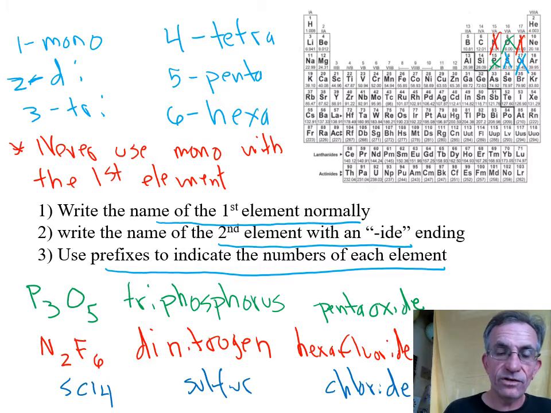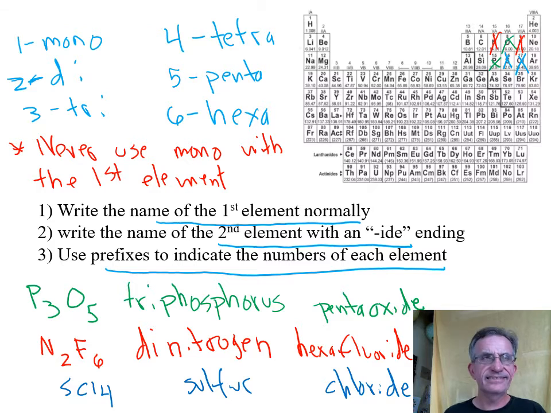So when you look at this example, SCl4, you're thinking, well, wait a minute, there's only one S, there's only one sulfur, so is it monosulfur? No. You never start a name with mono, so it's not going to be monosulfur. You're just going to say sulfur. So if you have one of the first element, like in this case sulfur, just write sulfur. Do not write monosulfur.